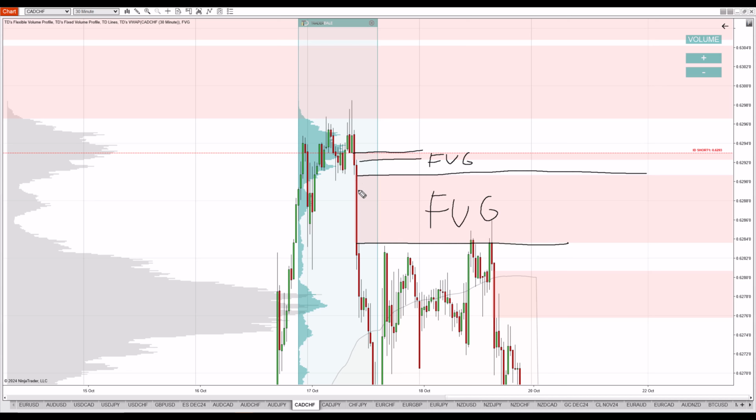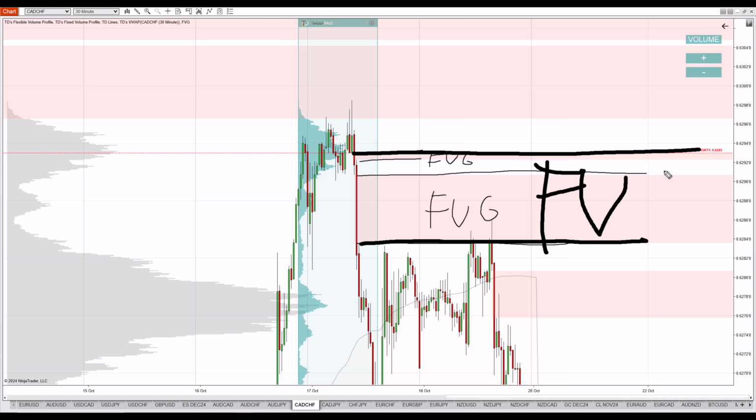And when I see two fair value gaps like this stacked one at the top of each other, then I look at it as if it was one fair value gap, one big fair value gap. And the level, our short level, is at the beginning of it. So that's why I like this level so much.